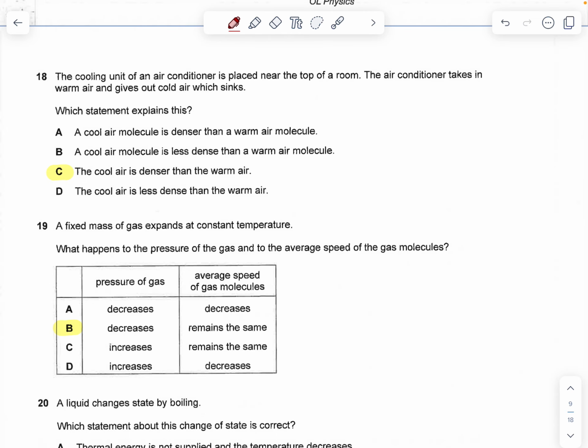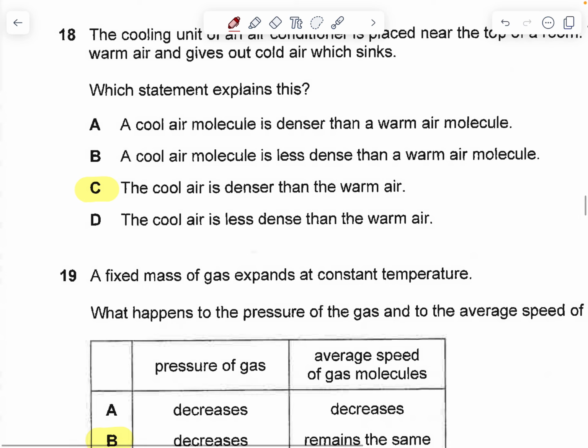Question 18. The cooling unit of an aircon is placed on the top of the room. So why is this so? It's because the air is being cooled. So when air is cooled, it contracts, becomes denser due to a decrease in volume, then it sinks.